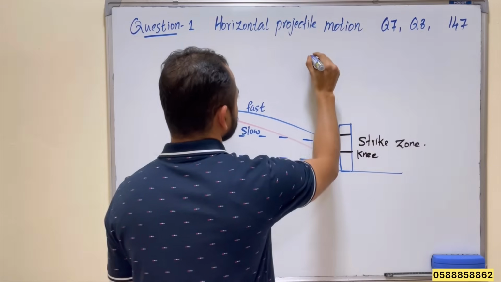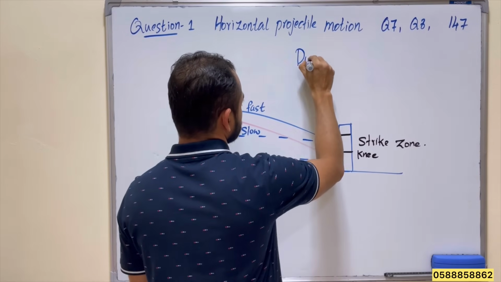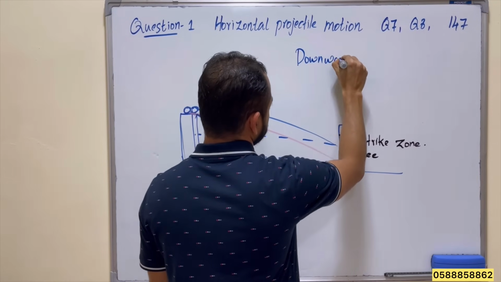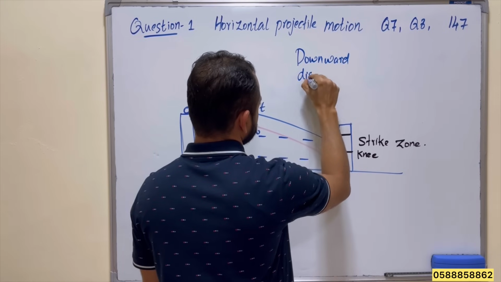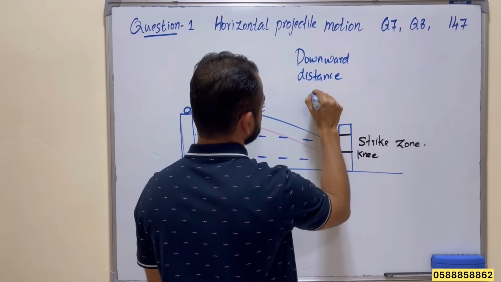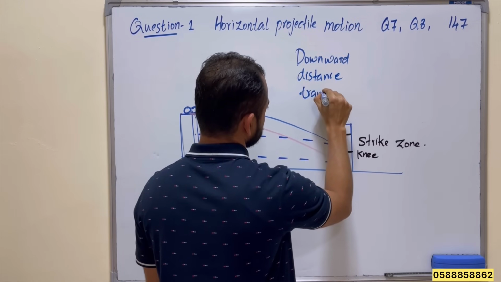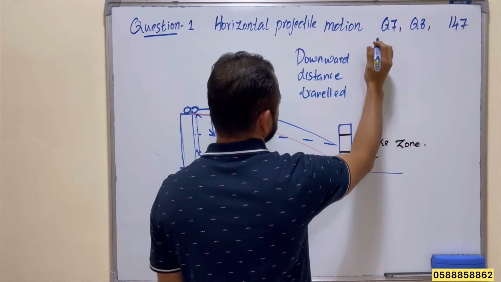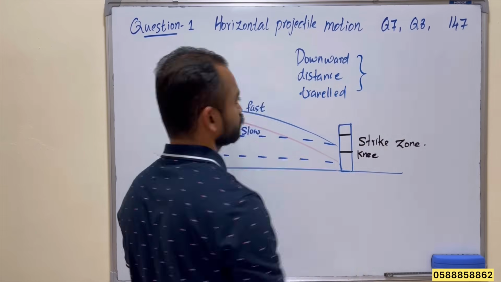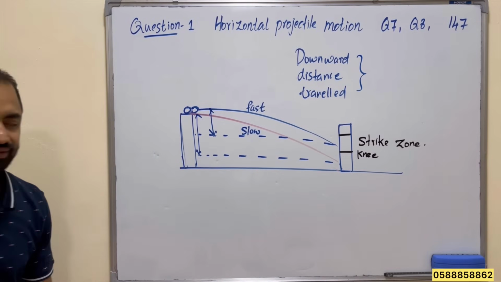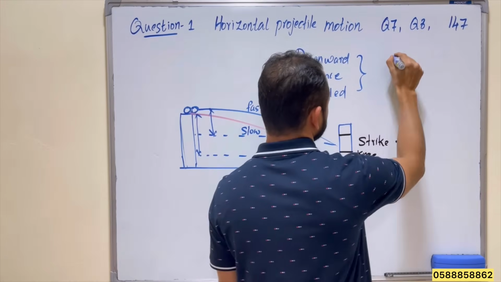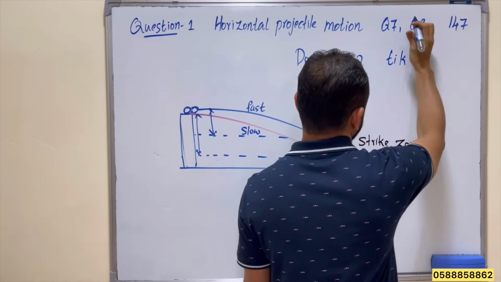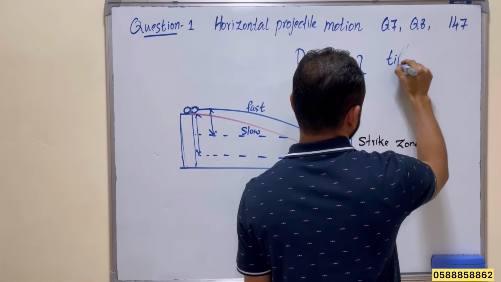So the downward distance traveled, downward distance means vertical distance, okay? Downward distance means vertical distance. Traveled depends on what? The downward distance traveled depends on time taken. Time taken. T-I-M-E.